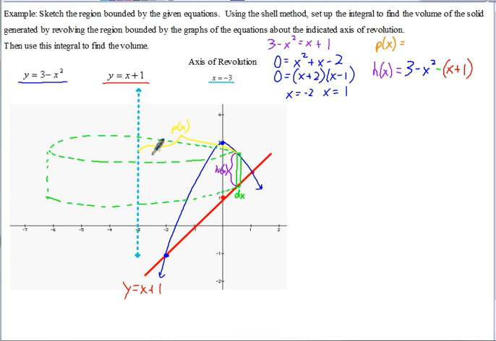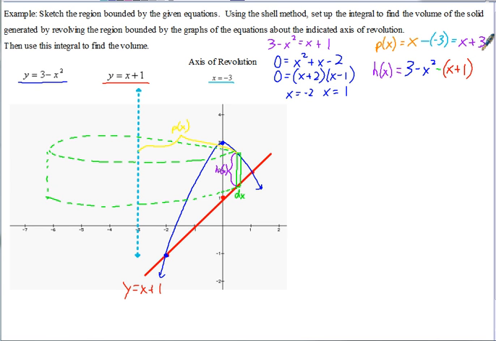Except when you're looking at a horizontal distance, you look at the function that's further to the right first, because that has a bigger x coordinate. So here we'd have x is the one further to the right, minus the one over here, which is -3, which simplifies to just x plus 3. That's one way to look at it.